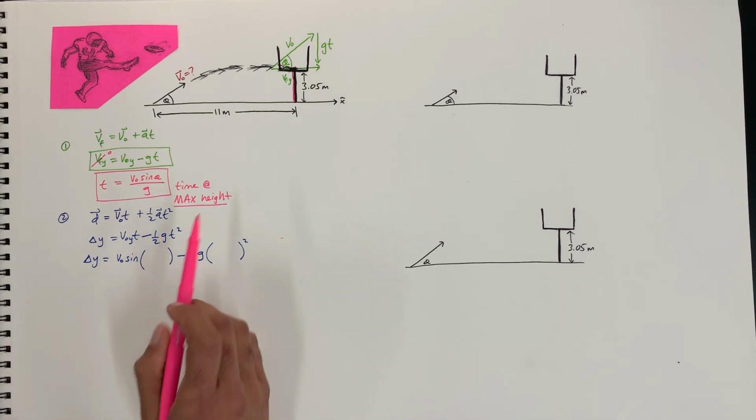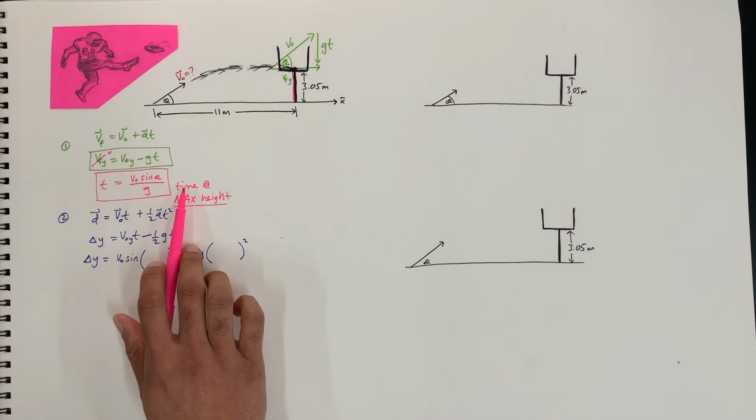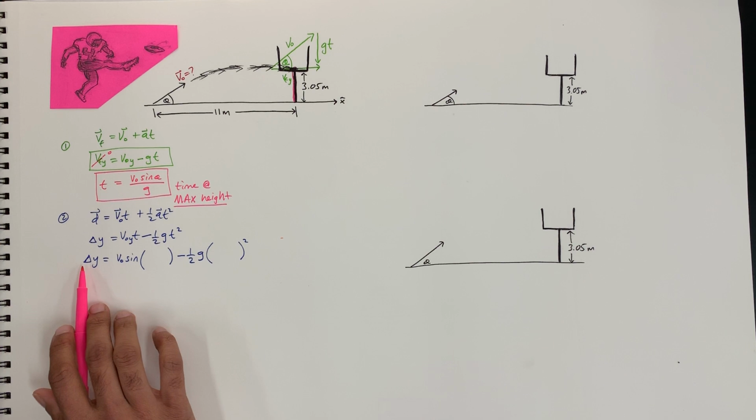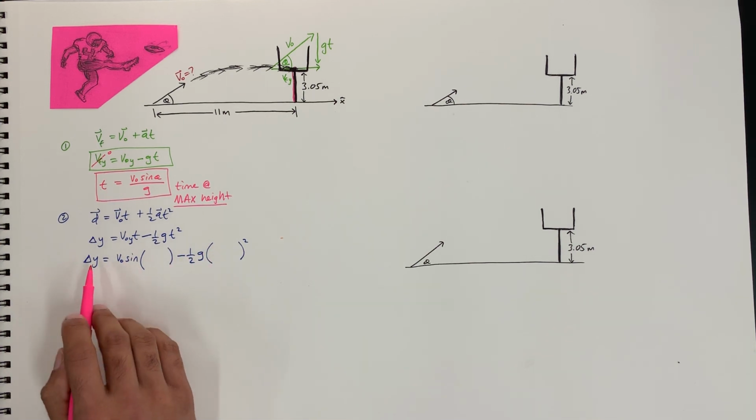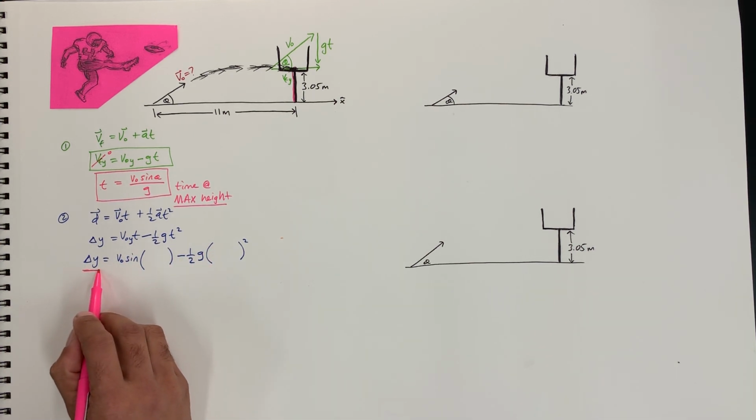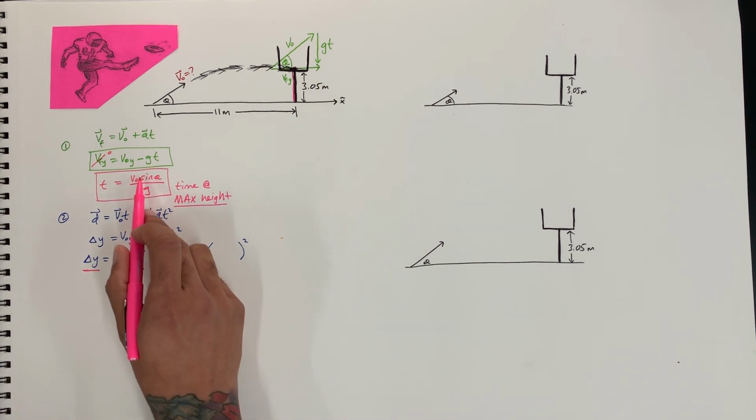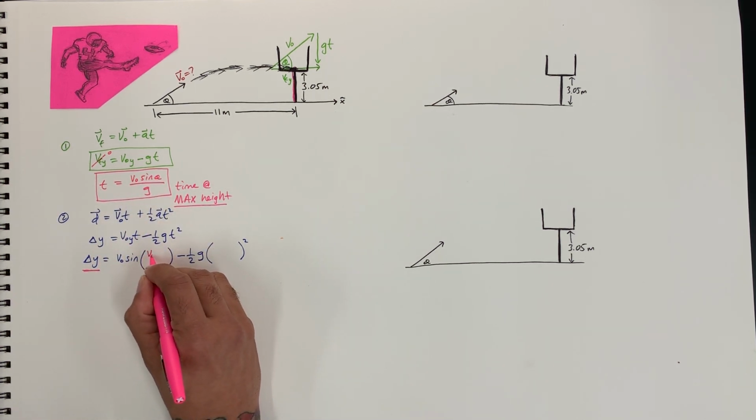And so it makes sense that we're going to use the time at max height in an equation that is going to represent our height at max time. So we're going to put this equation in here.